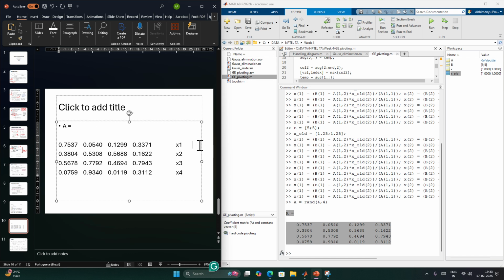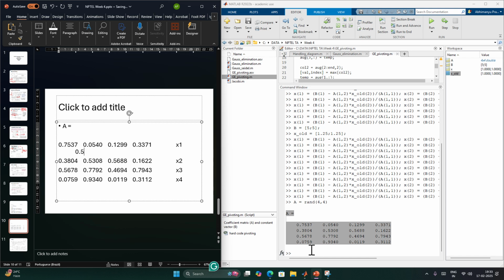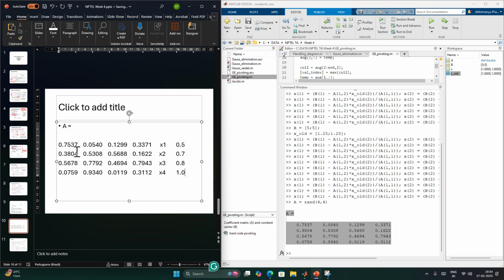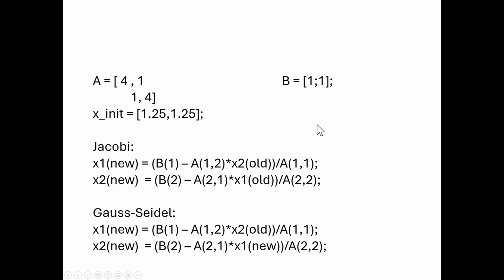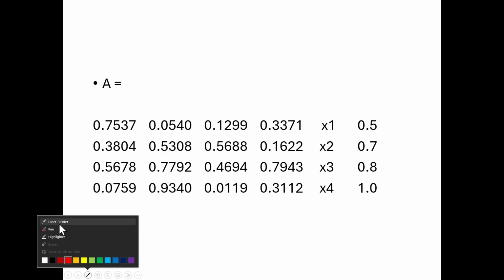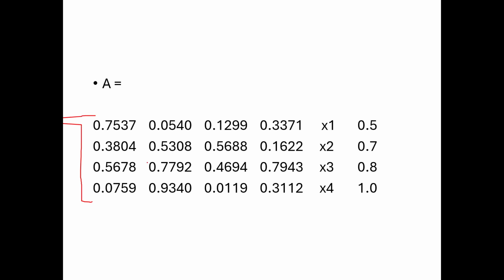Then I have some random values, and this is equal to.